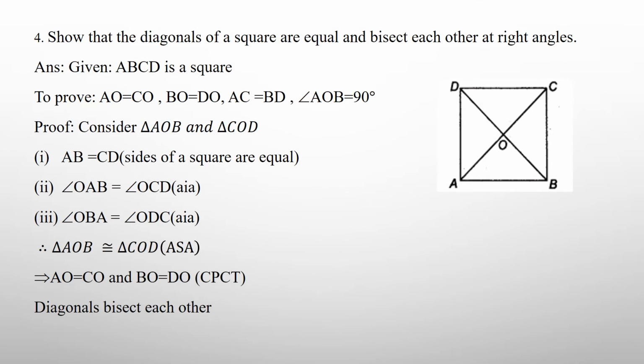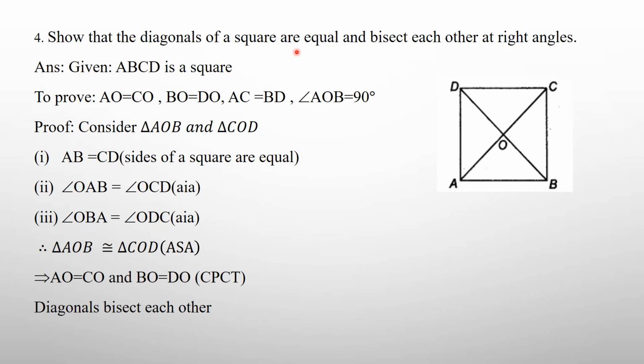Question number 4. Show that the diagonals of a square are equal and bisect each other at right angles. We have learned the properties of a square, that is diagonals are equal, diagonals bisect each other and diagonals are perpendicular to each other. Here we are going to prove all those conditions when you are given ABCD is a square.